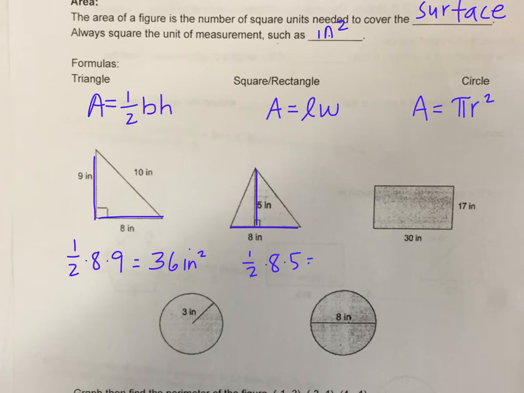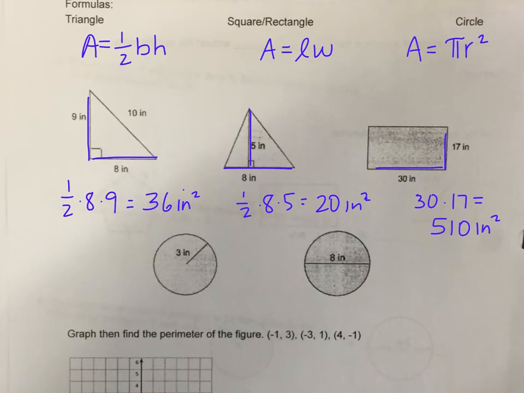That one gives me 20 inches squared. So this is a rectangle. So I just do length times width. So 30 times 17. And that would give me 510 inches squared.